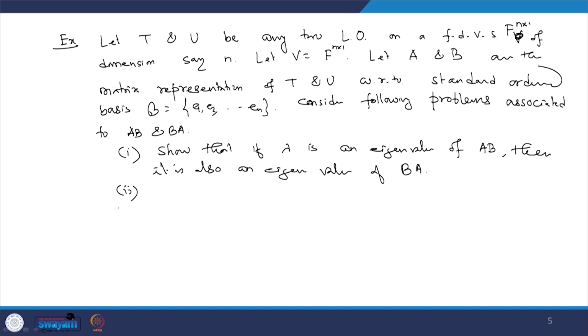So let me write again: the characteristic polynomials of AB and BA are the same. Of course, second implies first, but first does not imply second.